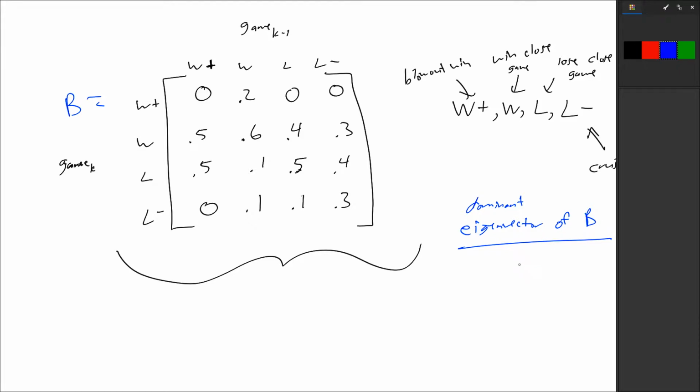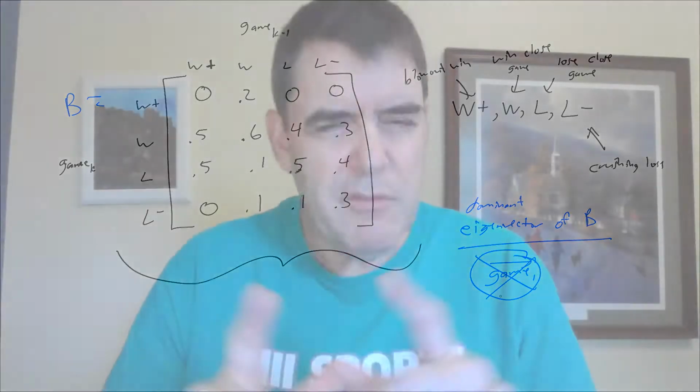Notice that the initial condition doesn't even play into it. It's kind of a deep thought if you think about it for a minute, right? If we run this Markov chain for a while, it turns out it doesn't even matter where we started. It doesn't matter if we started with a rainy day, sunny day, or cloudy day. It doesn't matter if we started with a win or a loss and by how much.